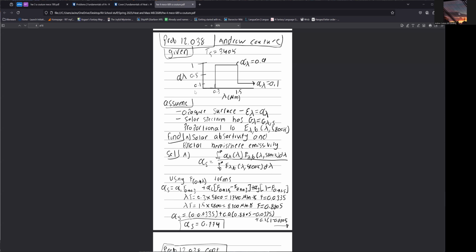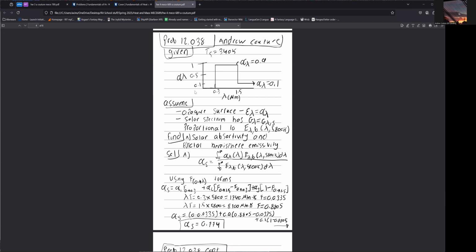But some assumptions that we can make about this surface are that, obviously it's opaque, and as a result, we can assume the emissivity in the spectra is equivalent to the absorption in the spectra, and also the solar.